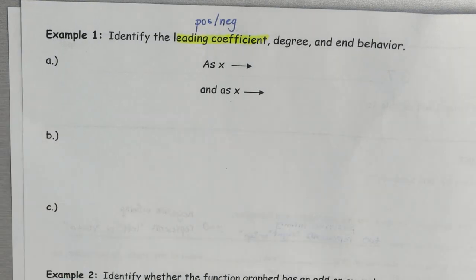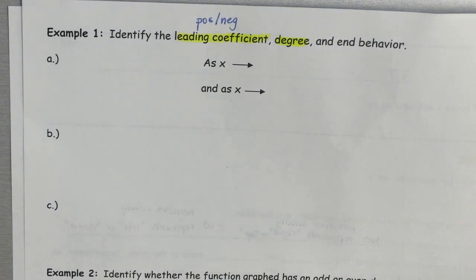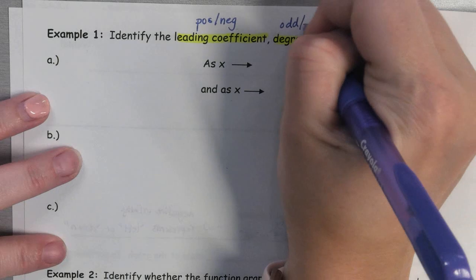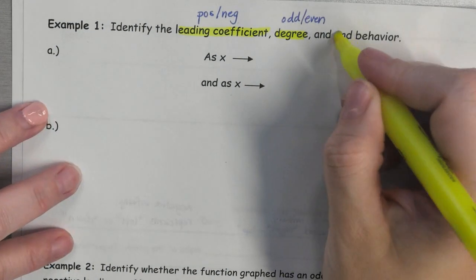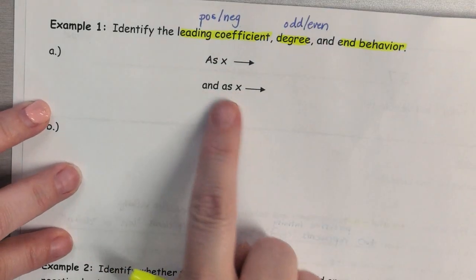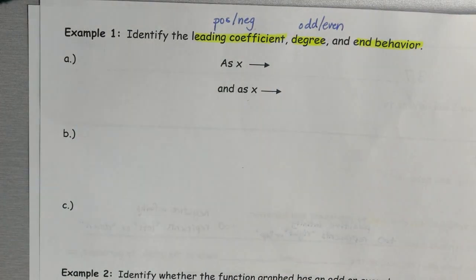The degree is where you have to determine if it's odd or even. And the end behavior is where you are going to write your statement. I started that for you here, and as you go forward, you'll know how to do that.